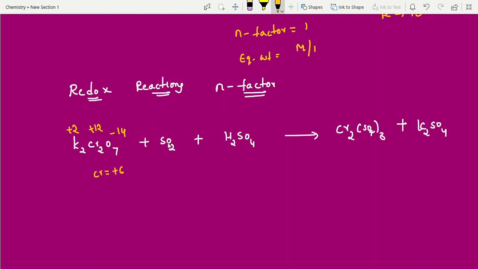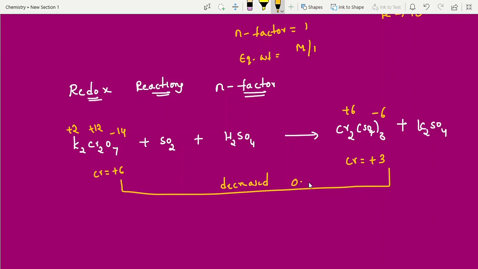Finally here, Cr2(SO4)3: +6, here -6 (3 sulfates, 3 times -2 is -6), this is +6. Each chromium equals +3. Clear? +6 to +3 means decreased oxidation state. Why? Because it is a good oxidizing agent.